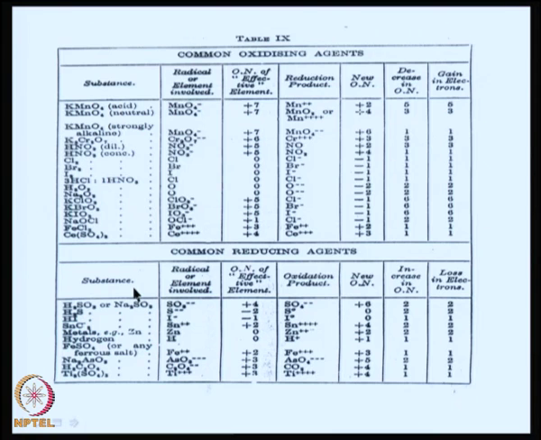Similarly, you can compare the EMF with respect to hydrogen electrode and decide whether H2SO3 is a better reducing agent, stronger reducing agent, or oxalic acid. Obviously, you can have a choice of different chemical reactions which can be graded with respect to the oxidizing and reduction properties as compared to hydrogen.